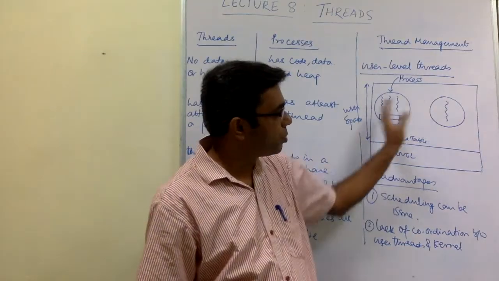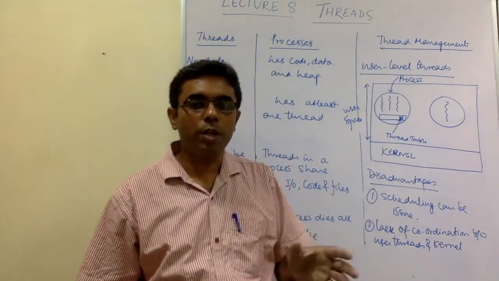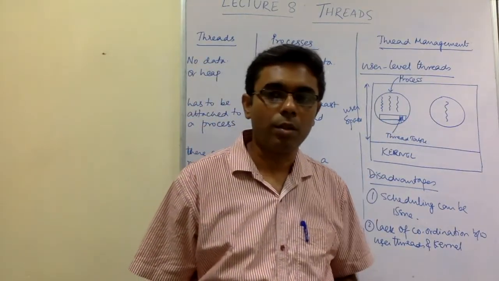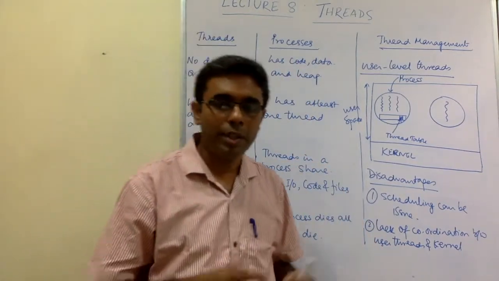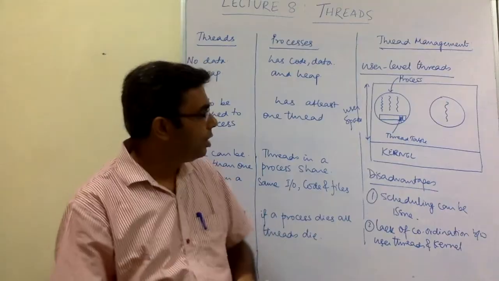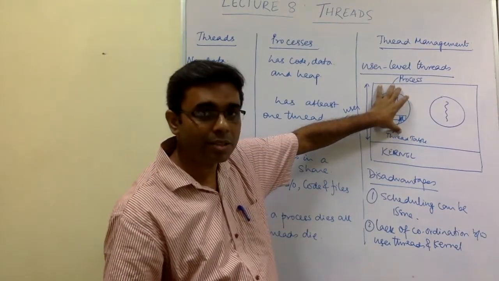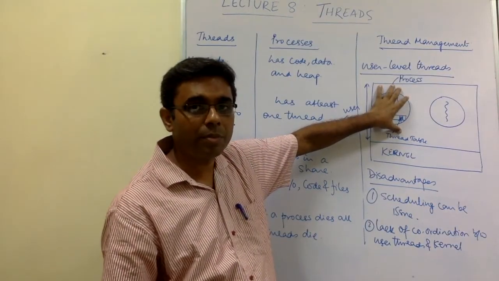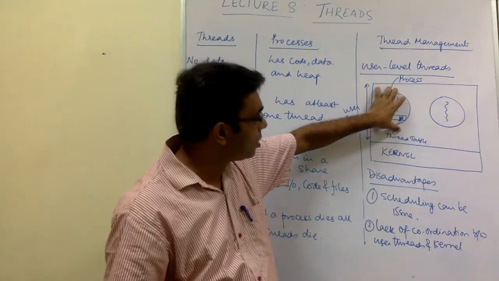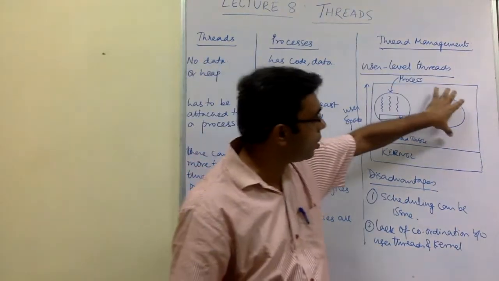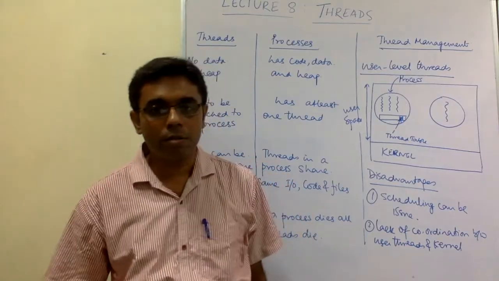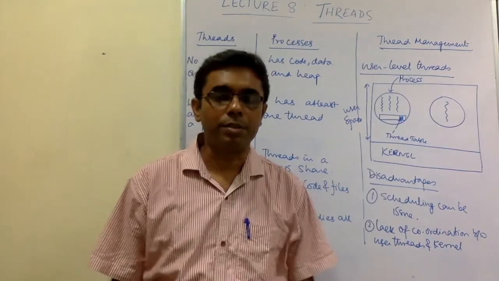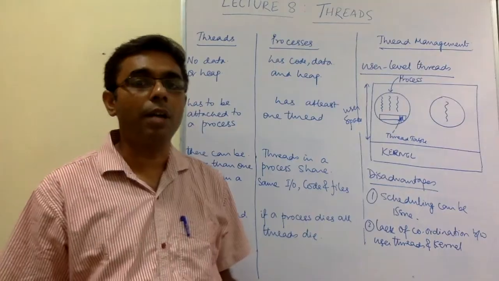Suppose both these processes are scheduled according to the round-robin scheduling technique, where a certain time slice is allocated for each process. In that case, the time slice for the process with 1000 threads is the same as for the process with only one thread. That's the disparity, because the kernel is unaware.